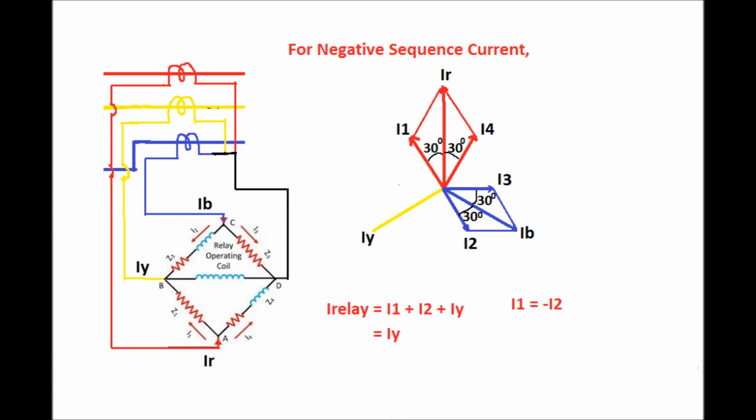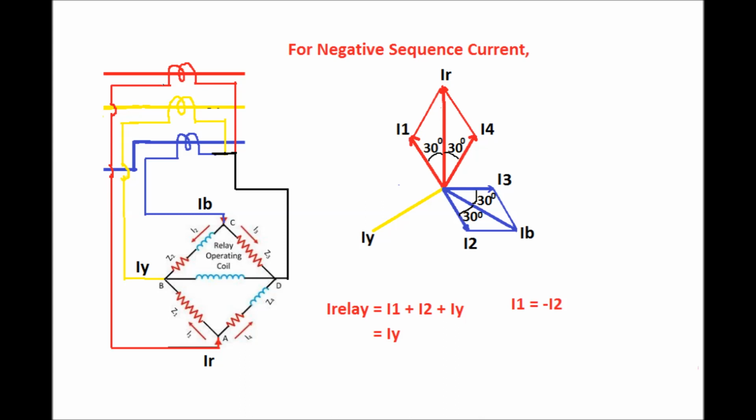And again the IB current at point C will divide into two components, that is I2 and I3. Since I2 will flow in the inductive portion of the impedance, it will lag IB by 30 degrees, and I3 will lead IB by 30 degrees. So the phasor diagram has been shown in this diagram.